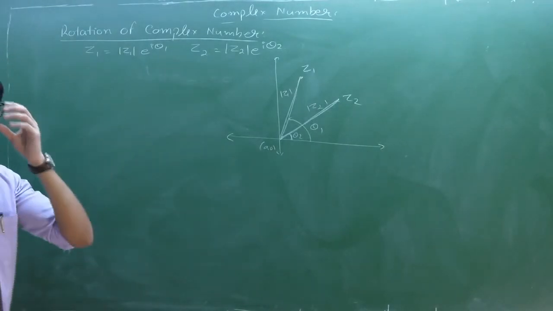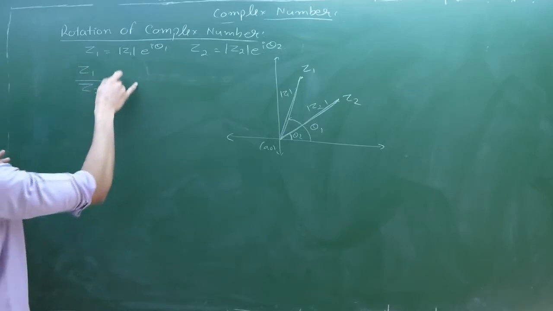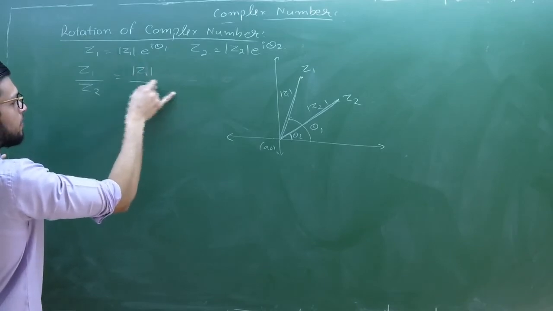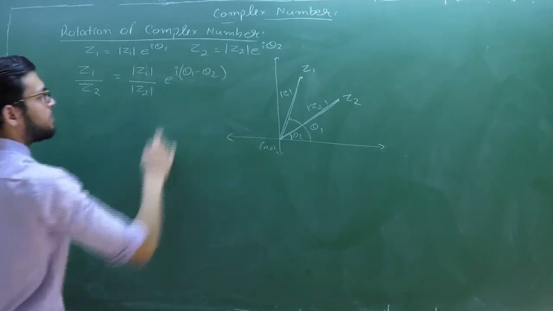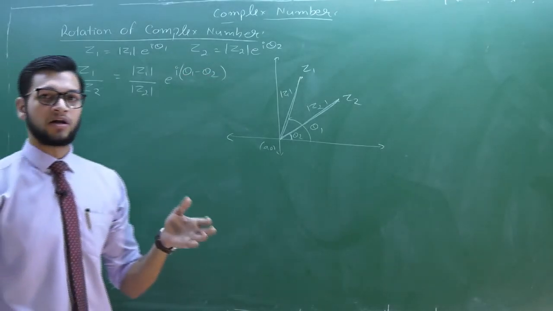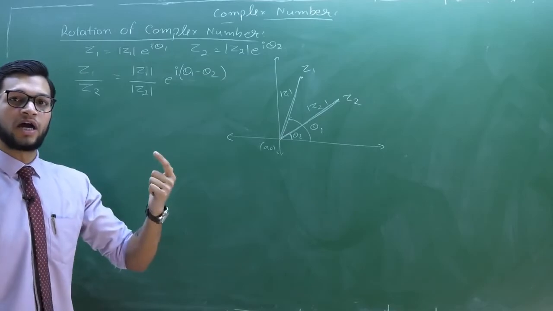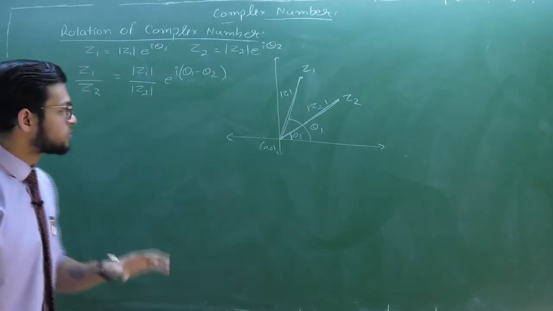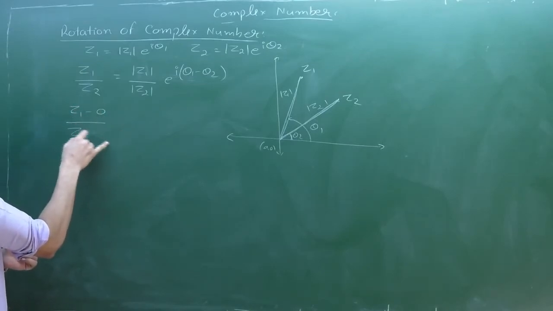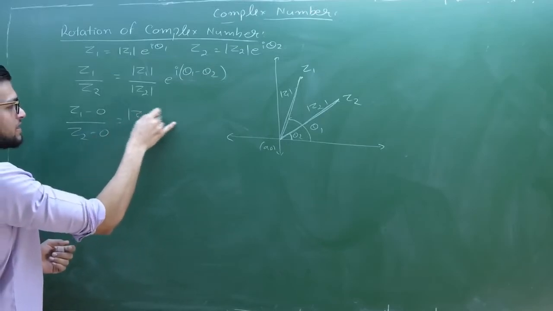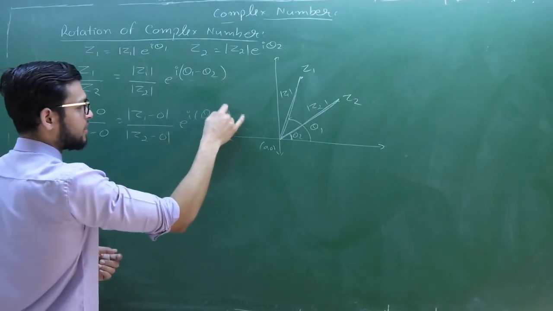Now if we divide these two, then Z1 upon Z2 is equal to mod of Z1 upon mod of Z2 and e to the power iota theta 1 minus theta 2, because e to the power iota theta 1 divided by e to the power iota theta 2 is equal to e to the power iota theta 1 minus theta 2. So we can also write this as Z1 minus 0 divided by Z2 minus 0, which is equal to mod of Z1 minus 0 upon mod of Z2 minus 0 and e to the power iota theta 1 minus theta 2.